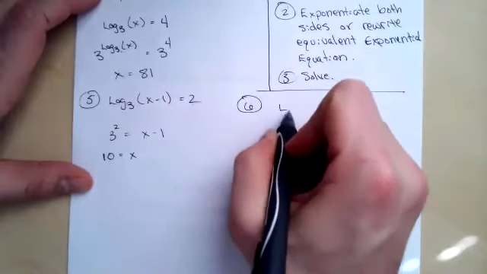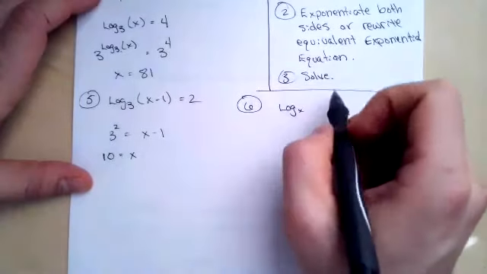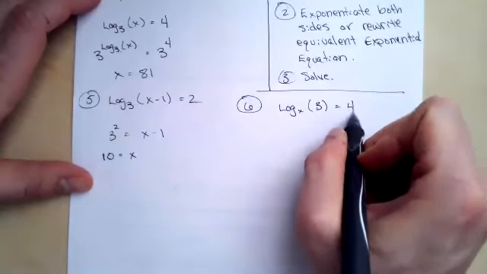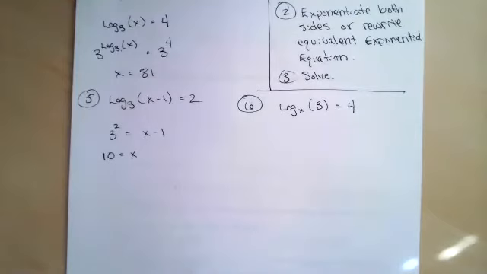Sometimes you'll see these problems. Not often. They come up occasionally, though. There's always going to be a few, maybe on WebAssign, where now our variable is in the base of the log. Log base x of 3 equals 4. It asks, what base do I need so that when I apply a logarithm of that base to 3 I get 4?